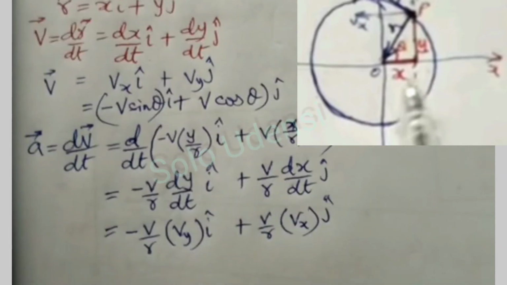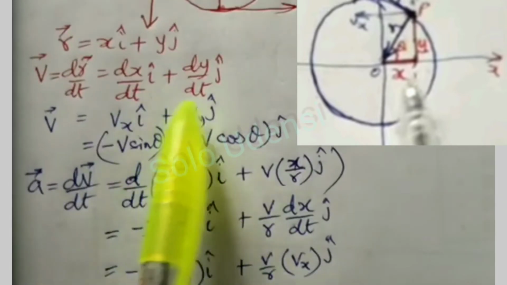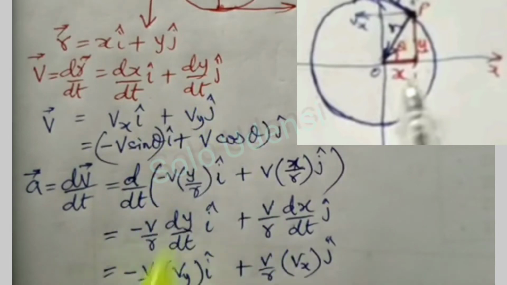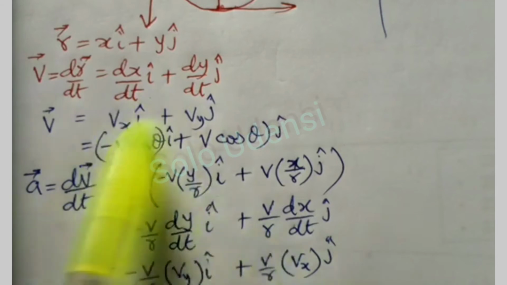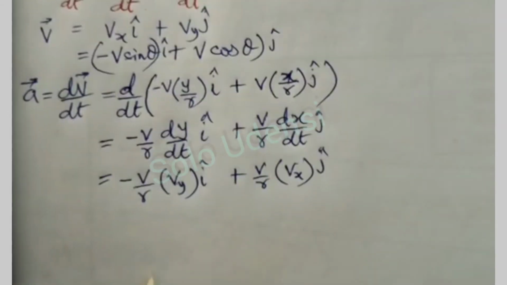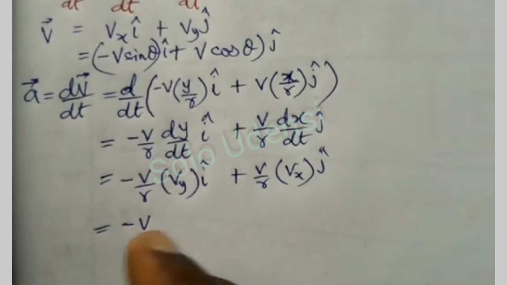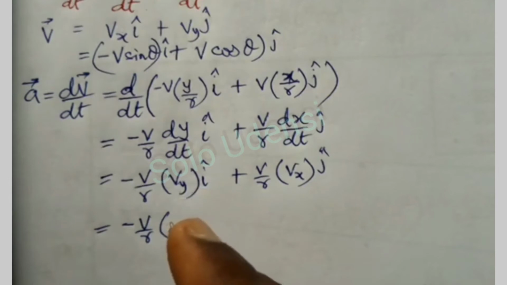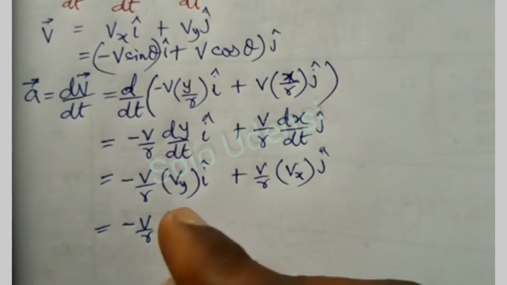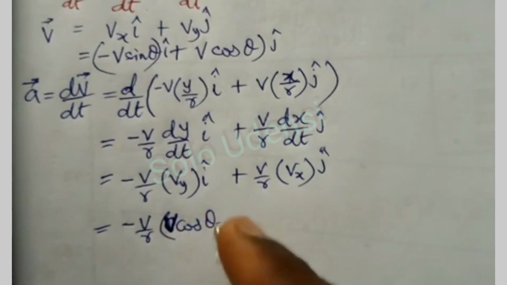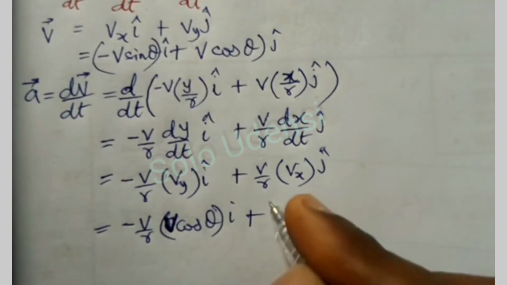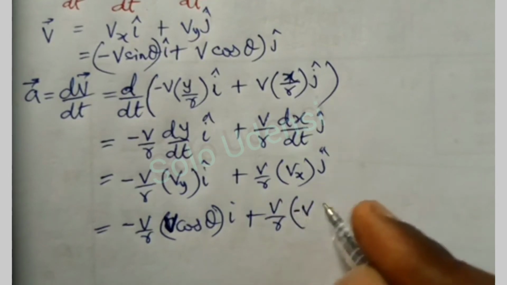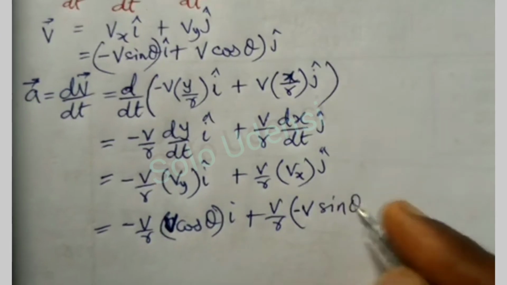But we have seen that dy/dt is equal to v cos theta, while dx/dt is v sin theta. So if we put it in, we have minus v over r into v cos theta i plus v over r into minus v sin theta j.